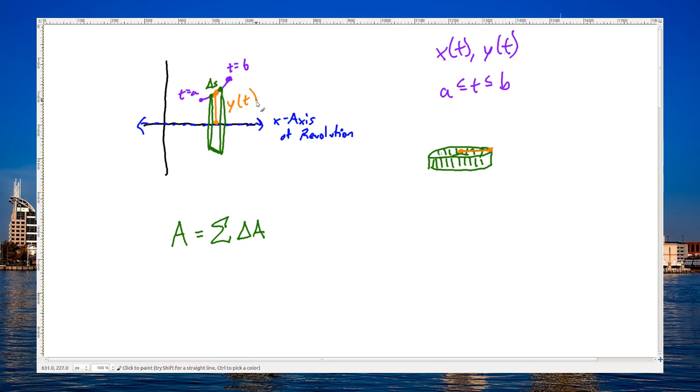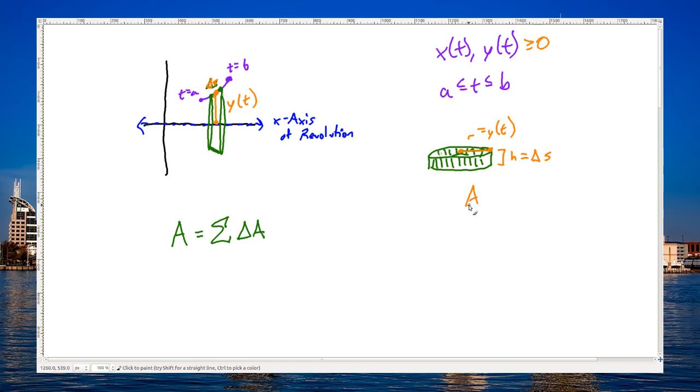So we can just call that y of t. Again, we're assuming that y is always positive, so we don't have to take an absolute value around it. So the radius is equal to y of t, and the height right here was just given by the delta s.